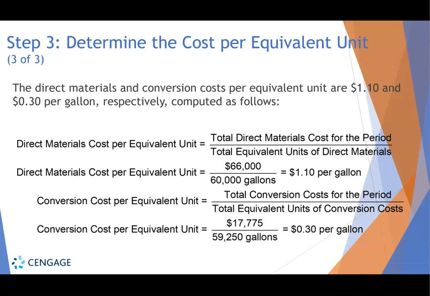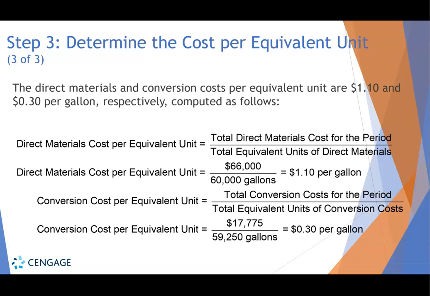As you see here, the direct material and conversion costs per equivalent unit are $1.10 for the direct materials, and for the conversion costs, 30 cents per gallon. Here you see how it's calculated. If our total materials are $66,000 and we have 60,000 gallons related to materials, that would be $1.10 per gallon.